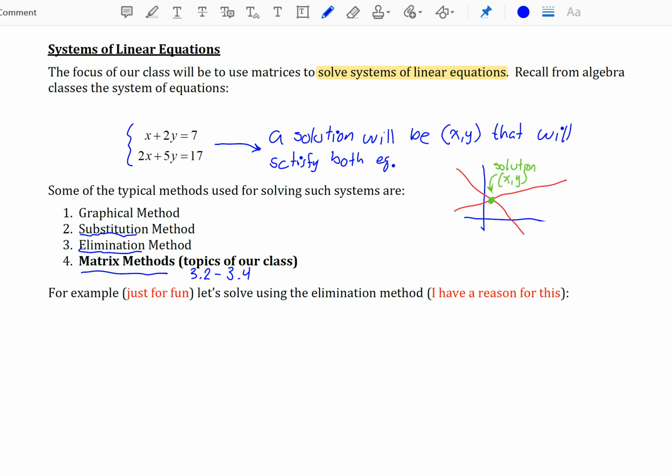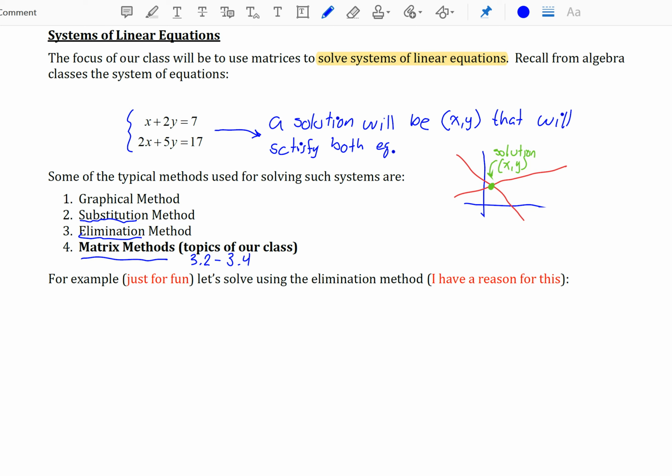However, just for fun, let's solve this system of equations using the elimination method. I have a reason for wanting to do this, so not just to practice skills we've already seen. Now recall with the elimination method, you want to add these two equations together. And so for that reason, it's sometimes also referred to as the addition method.